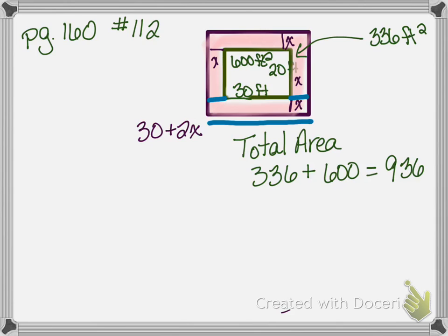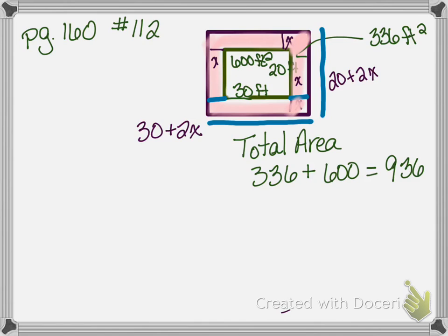Now I need to do that again. I need to find the width of my total area, and that is going to be 20 plus 2X, because look closely, I've got an X value on the top and an X value on the bottom.